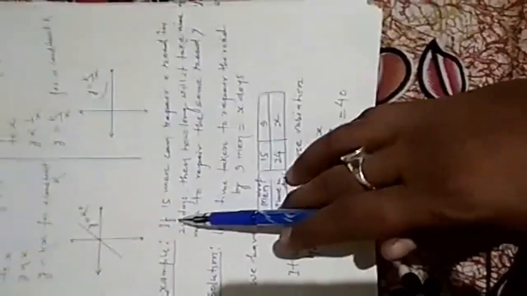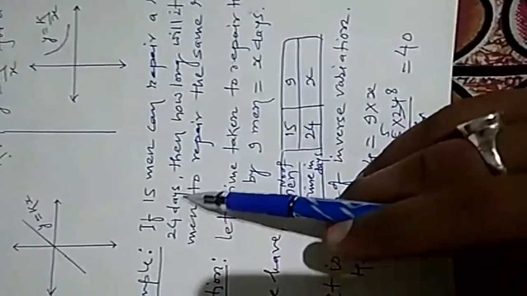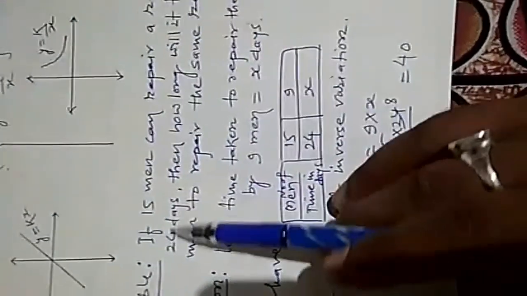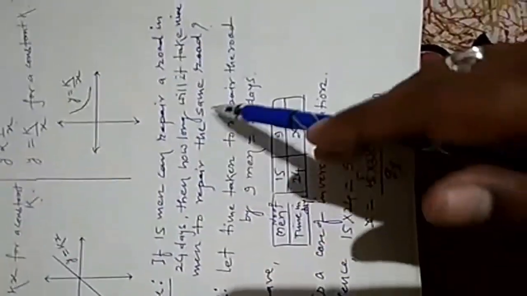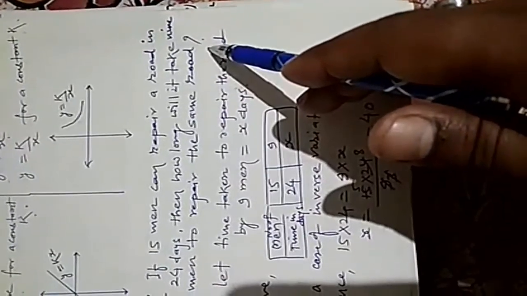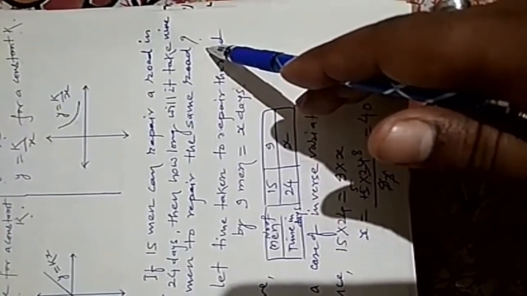Now take another example. If 15 men can repair a road in 24 days, then how long will it take 9 men to repair the same road? Solution is here.